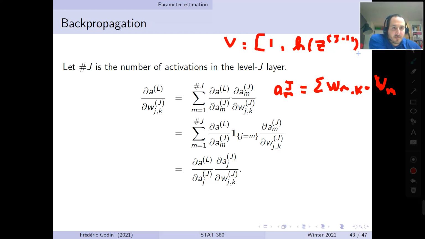So a_j entails a linear combination across the various m's of quantities here.